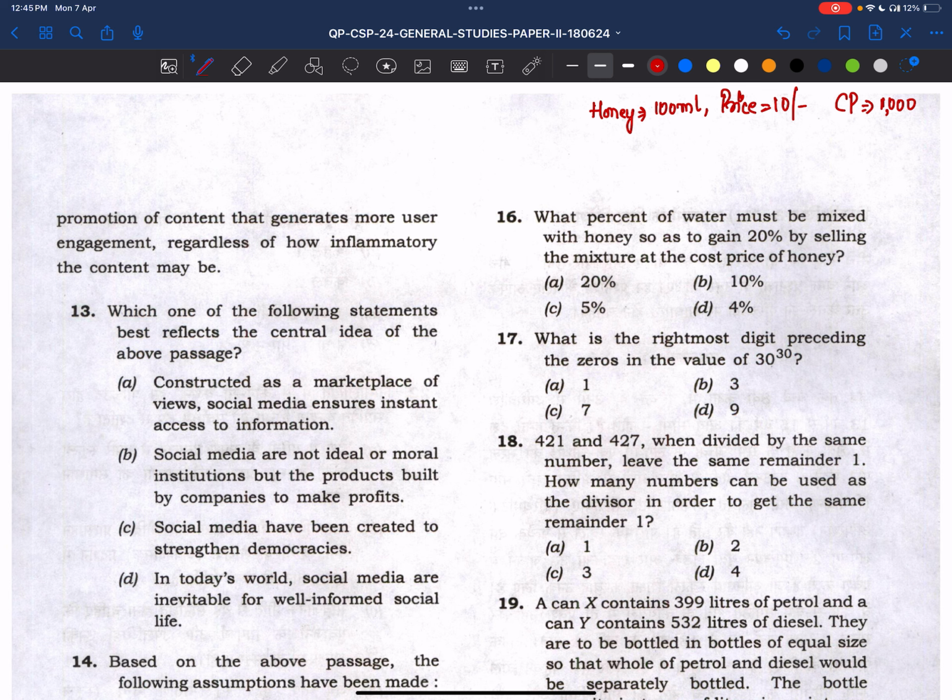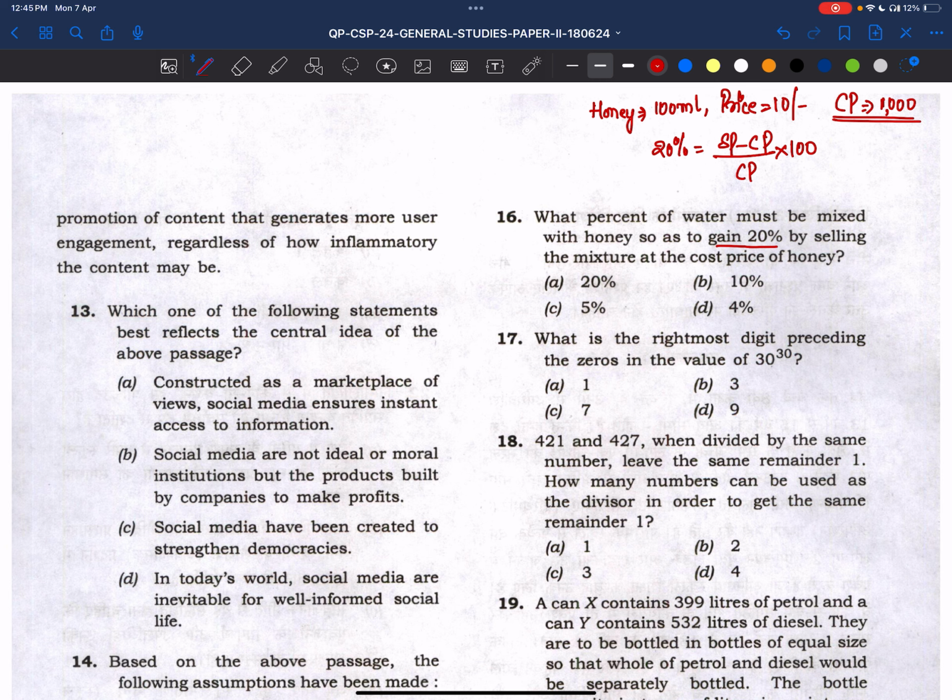Now I am adding a certain amount of water to it. So what should be the gain? 20% gain. See, this is the cost price, right? Gain is 20%, that means selling price minus cost price by cost price into 100.